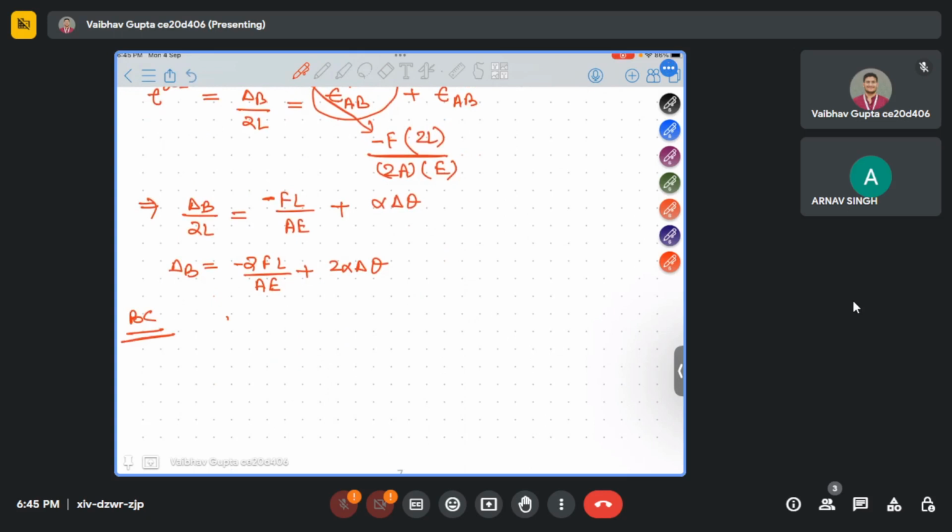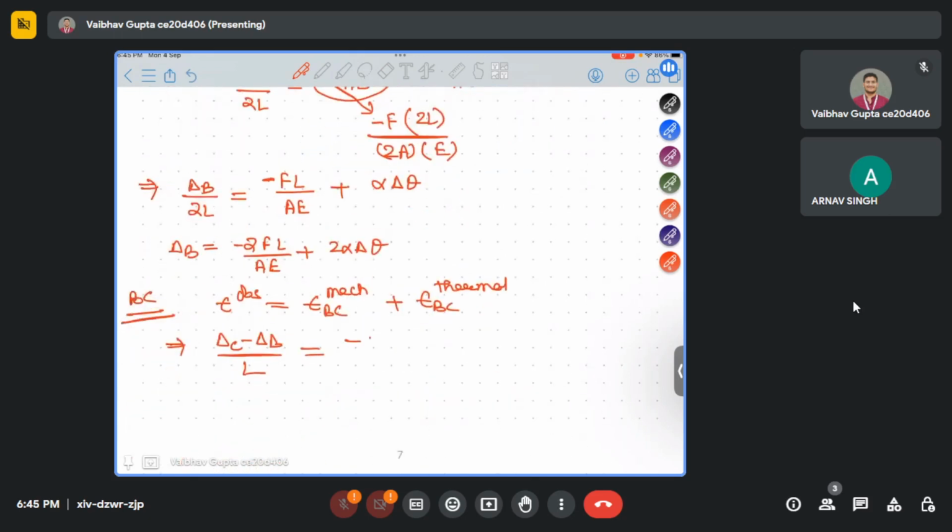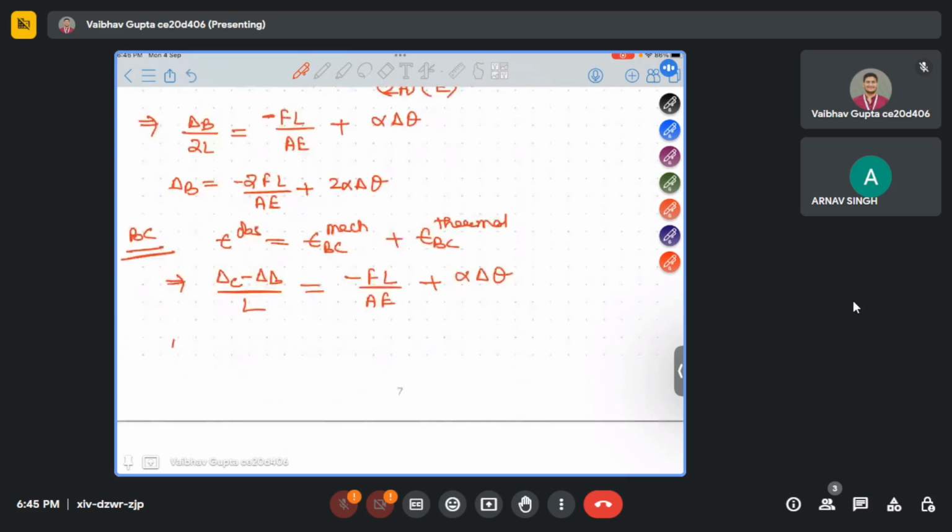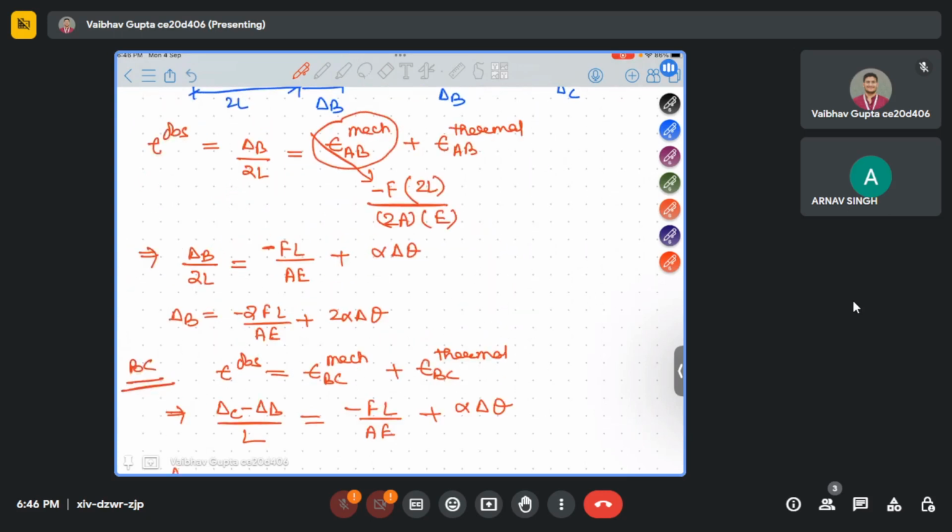What about BC? Similarly, epsilon observed will be equal to epsilon BC mechanical plus epsilon BC thermal. Observed is the relative change in length, delta C minus delta B by L. Here epsilon mechanical will again be a compressive force of F, so minus F, length L, area A, and E is E, plus alpha delta theta. Sorry, I made a mistake.